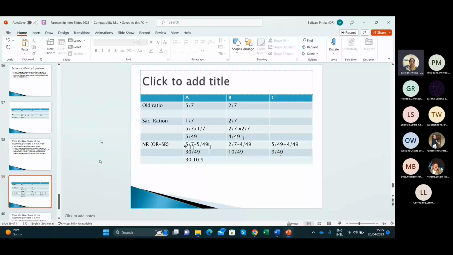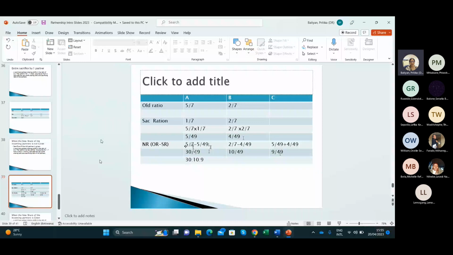So 35 minus 5 gives you 30/49. Same you will do for B, and C's portion is what they get from A and B. Now all the denominators are the same, 49 for A, for B and for C.